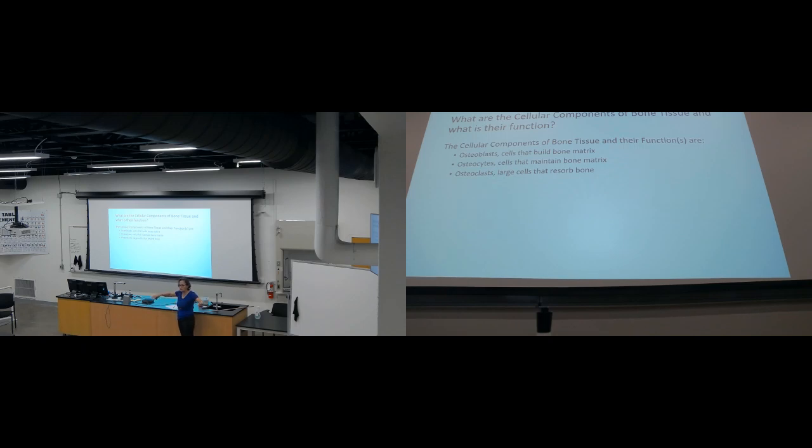The surrounding of the cells is the matrix. Osteocytes maintain that matrix. So osteocytes are the mature bone cells. And osteoclasts are large cells that resorb bone.